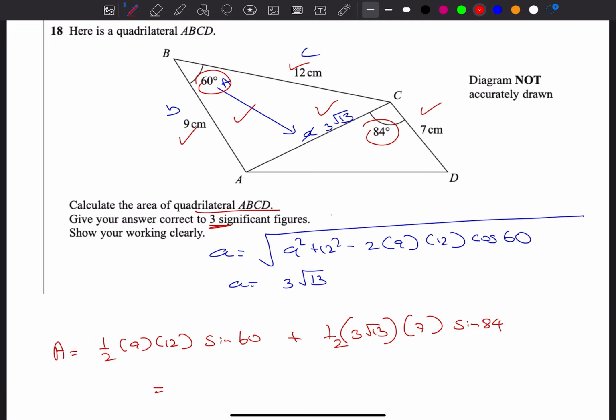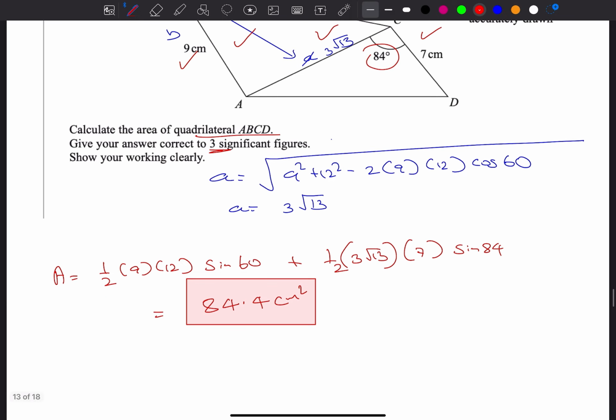Three significant figures means three numbers only. 84.4, that's the answer, centimeters squared. Very simple, because you just do the area of two triangles and then add them.